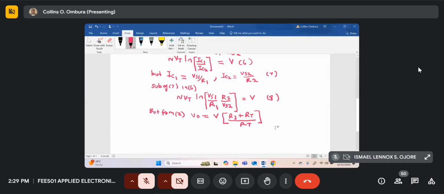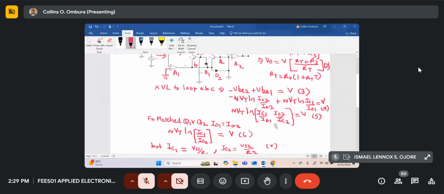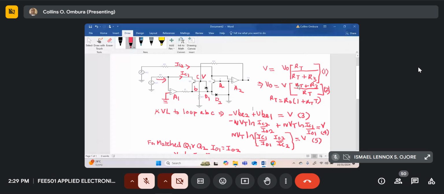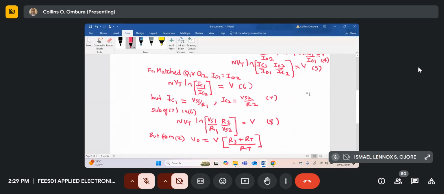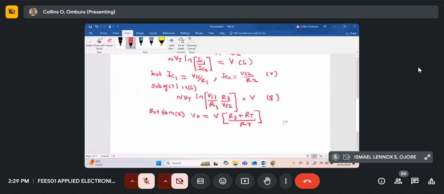Let me just check again on that one. Okay, I've written the RT first, RT plus R3 over RT. Okay, it's all the same. This is from 2.